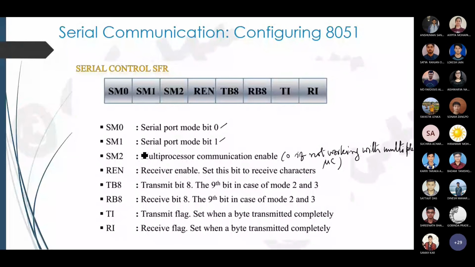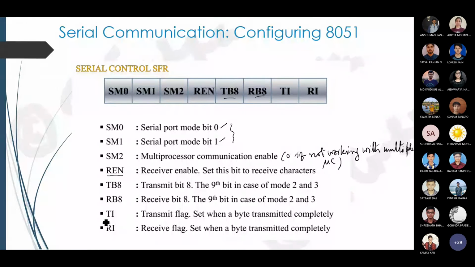And then we need to see what these are doing. If we want to enable the receive, this bit must be 1. Now TB8 and RB8, the transmit bit 8 and the ninth bit received, in the case of mode 2 and mode 3. So these are the configurations we can do.